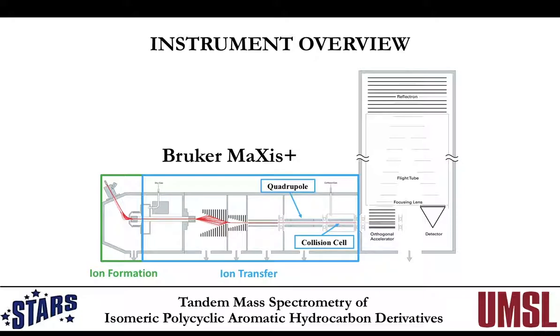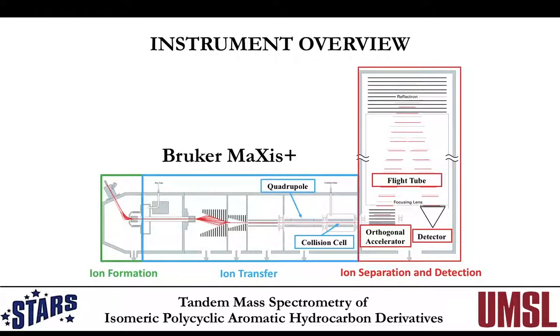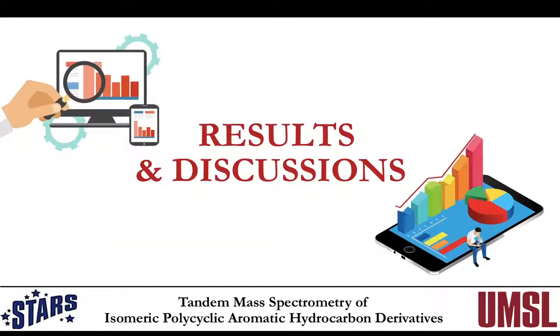The precursor ions and their fragments then progress into the flight tube, where they are navigated to the detector by the orthogonal accelerator. Basically, lighter ions take shorter time to reach the detector and vice versa. Based on this principle, the detector can determine the mass-to-charge value of the ions and then measure the abundance of each type of ions. Next, I will present and analyze some results obtained from the research.